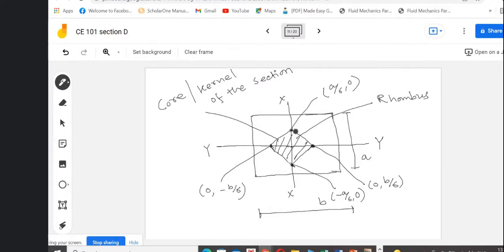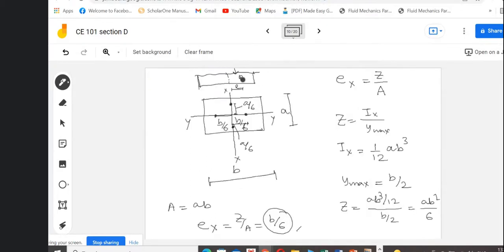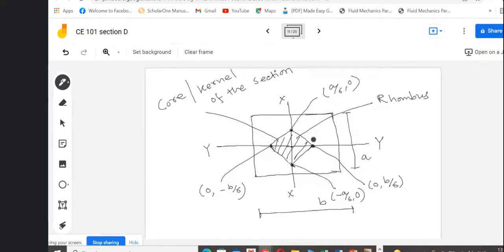Now, what happens? The load P, if the load acts anywhere within this core or kernel portion, it will give us entirely compressive stress. However, if the load acts somewhere outside of this kernel section, then some amount of tensile stress will appear.